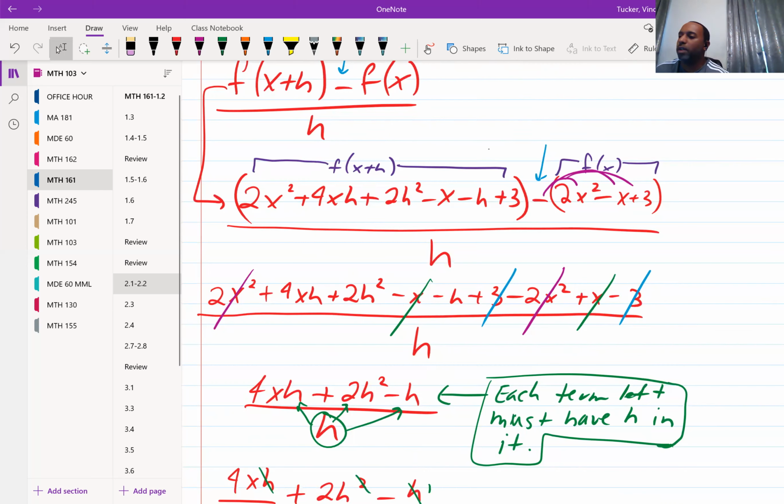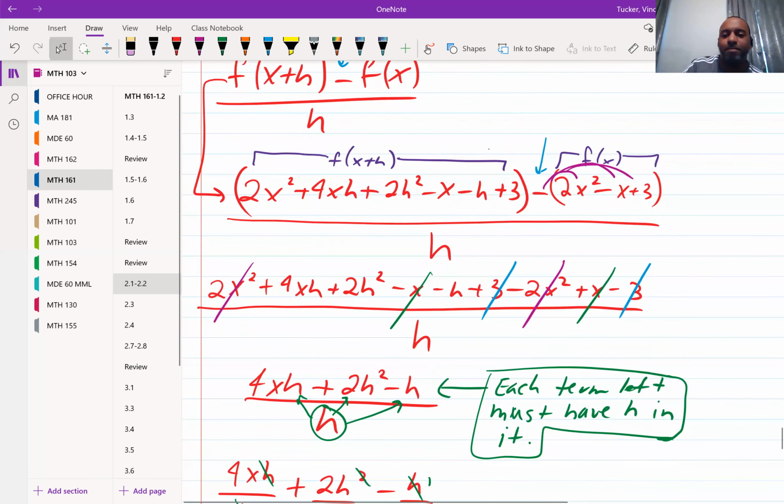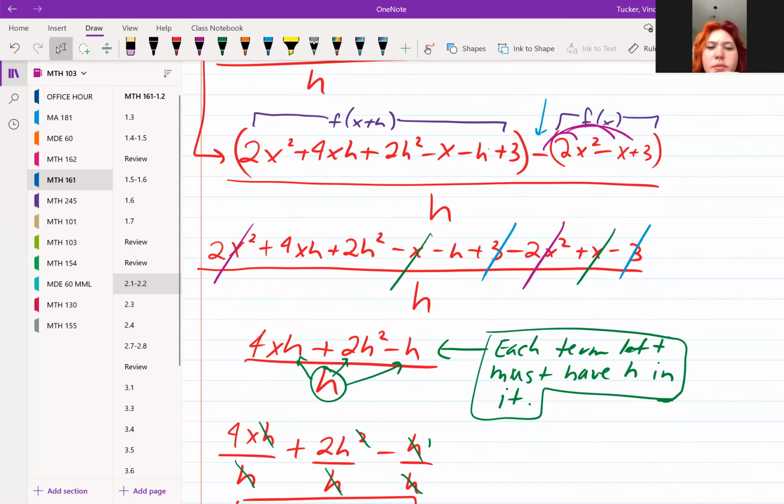Any questions so far? Could you then pull out the h to simplify it further? Yep, that's the next move. So like your classmate just suggested, that h has to go into each term.